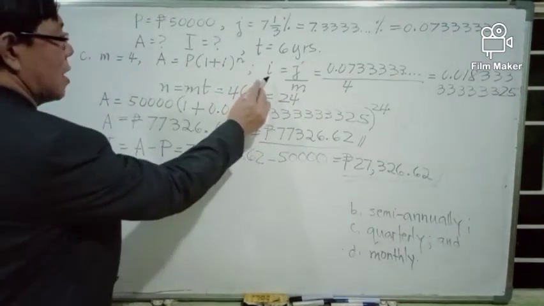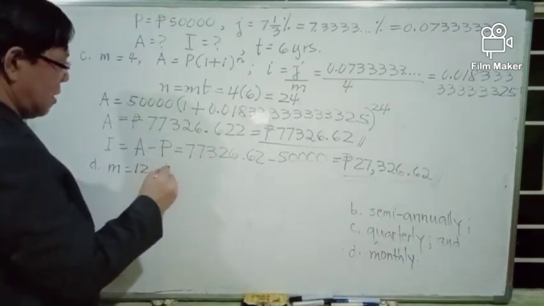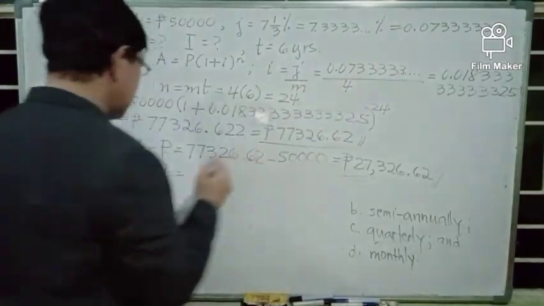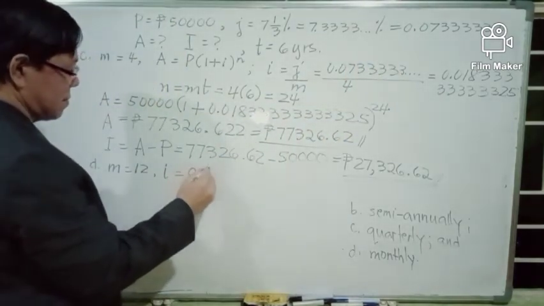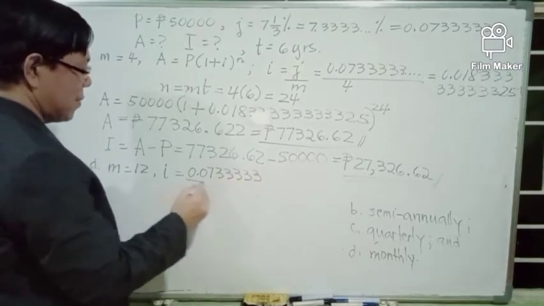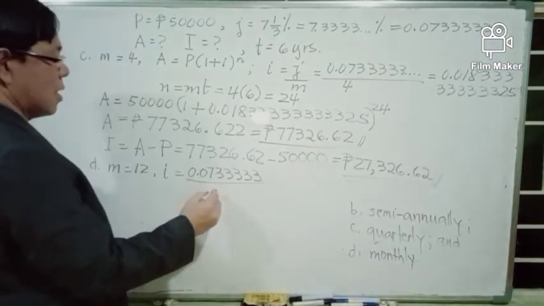We compute I equal to J, 0.07333, and we divide J by 12.